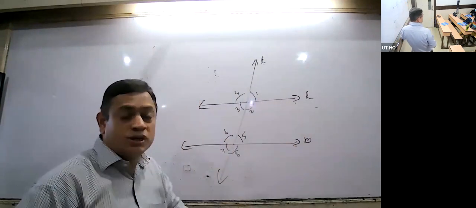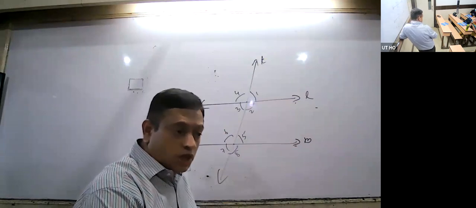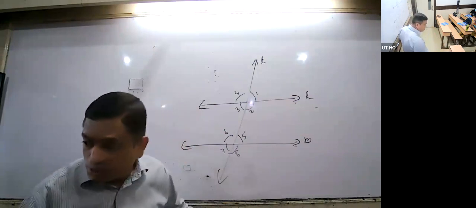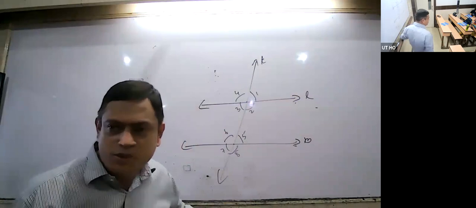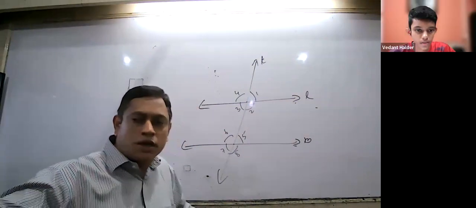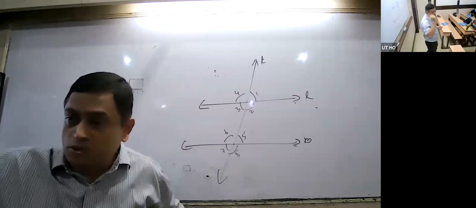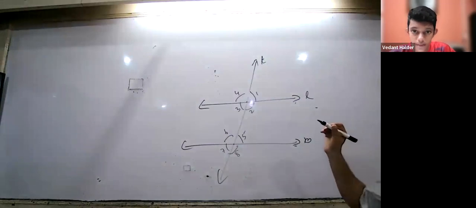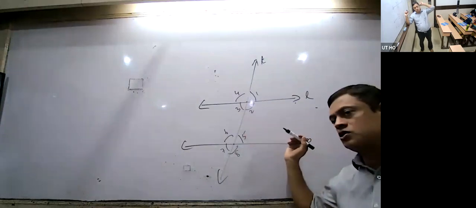The third one is coming as which one? Co-interior angles, or interior angles on the same side of the transversal, or another way it is called consecutive interior angles. Do you know? Yes or no? Consecutive interior angles means angle 2 plus angle 5 equals 180. 3 and 6.